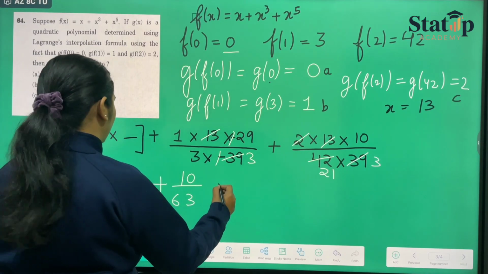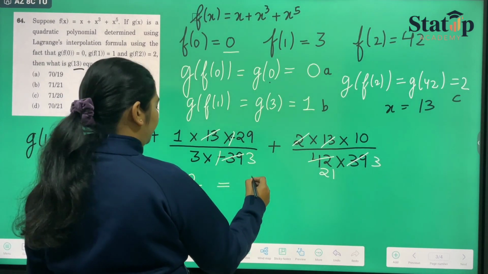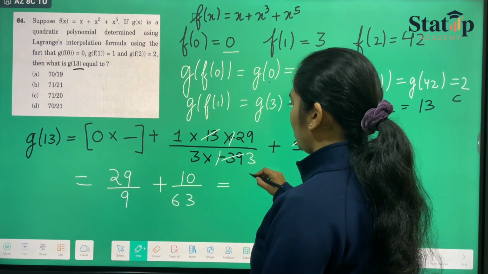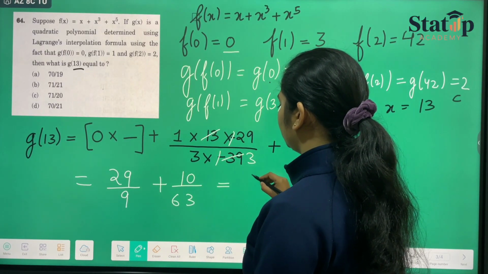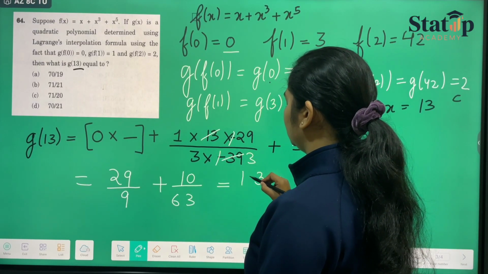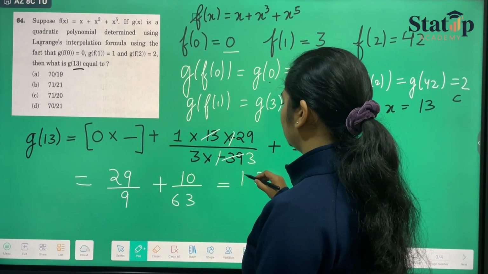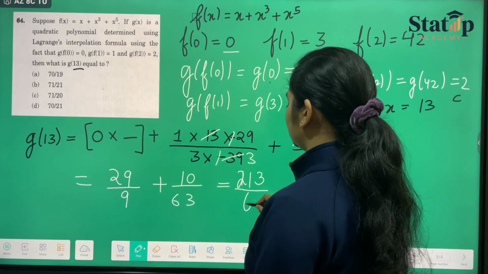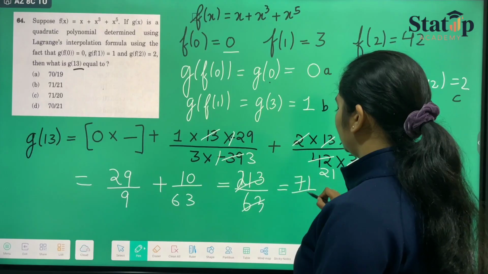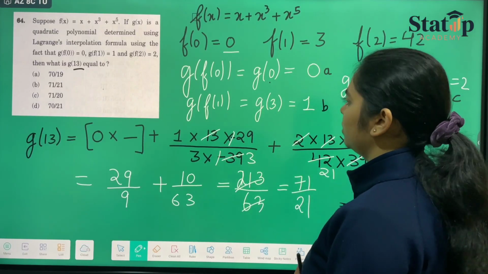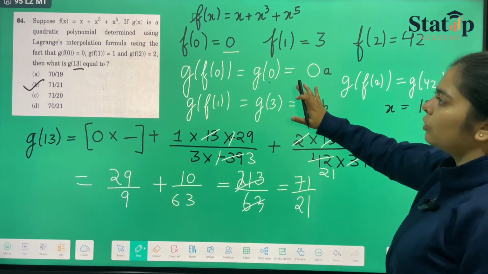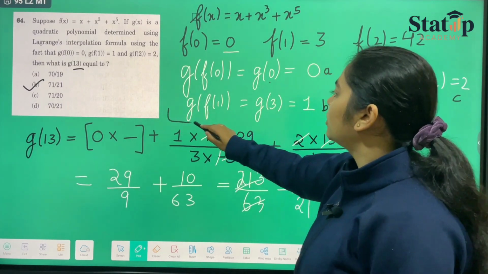63. If we add and subtract all of them, we will be getting 29 into 7 plus 10 upon 63, which will be 213 upon 63, and they can be cancelled by 3, and we'll be left with 71 upon 21, which is our option number B. Directly formula I have applied, but before that they have asked you to calculate these as well.